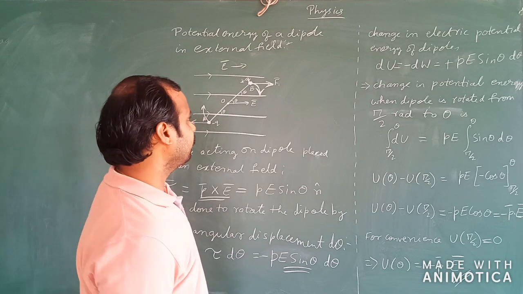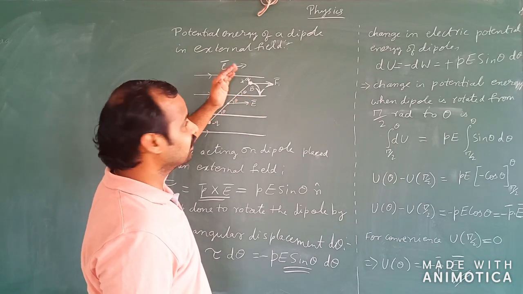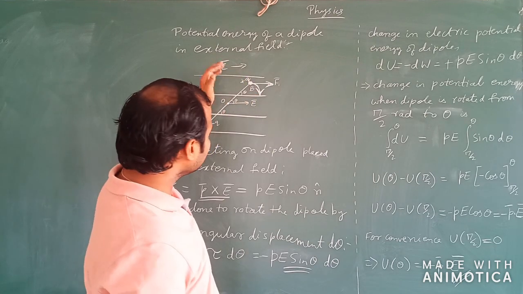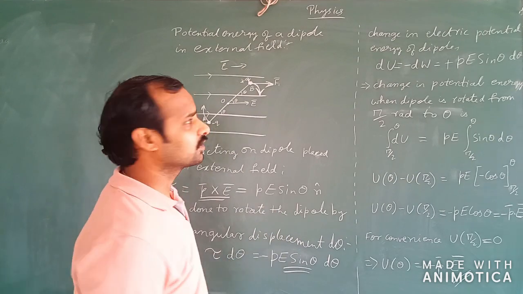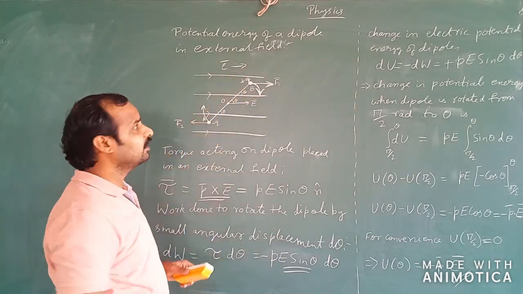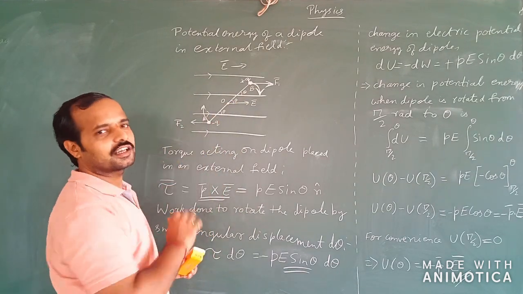But if I rotate it in the direction of the field, so that the potential energy stored is positive, I am going along the direction of the field and not doing work against the direction of the field.